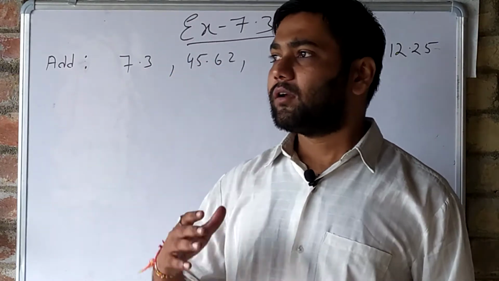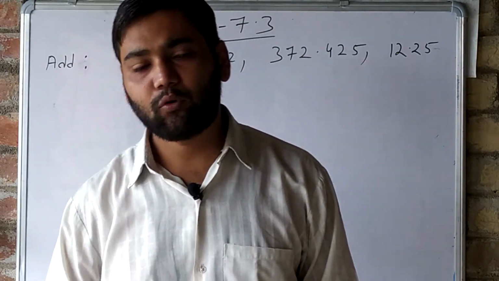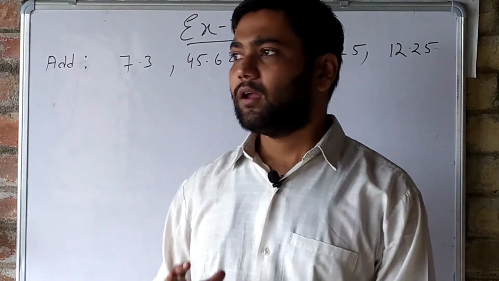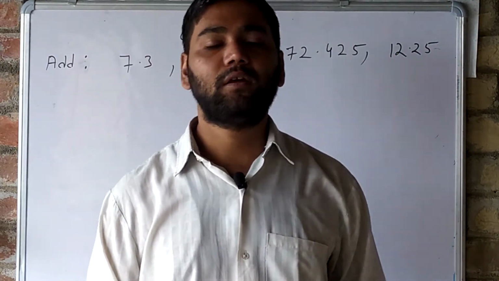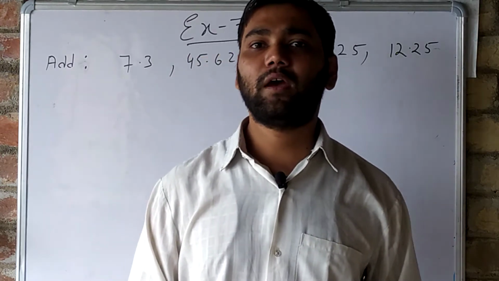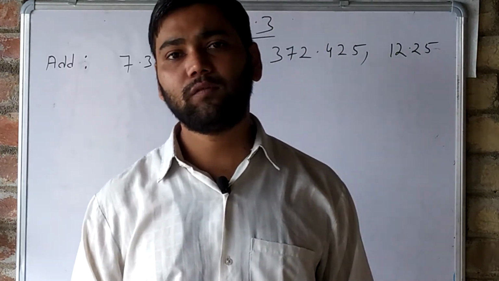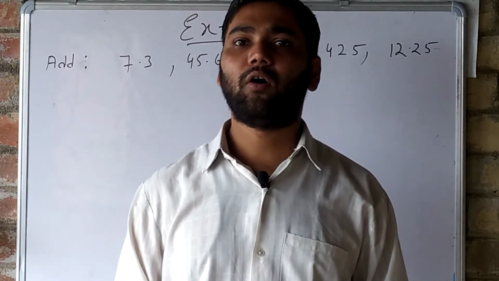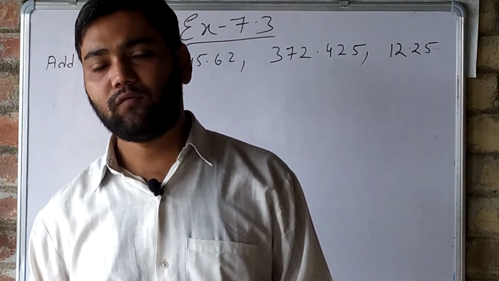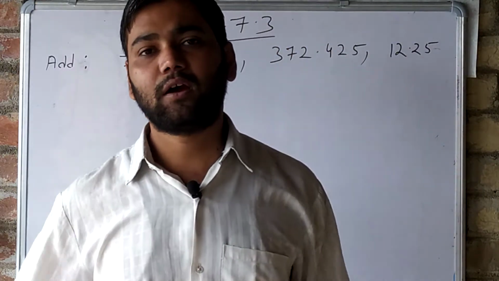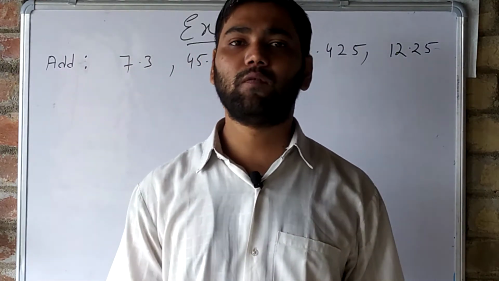Till exercise 7.2, what have we learned? We have learned the way of converting decimals to fractions, and fractions to decimals. And we have learned that if we have a denominator in terms of 10 in any fraction, we can easily convert it to a decimal without dividing.